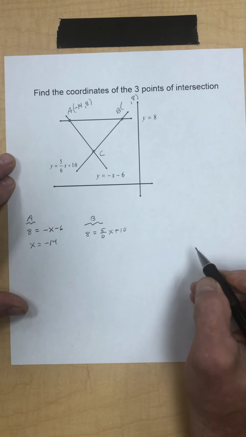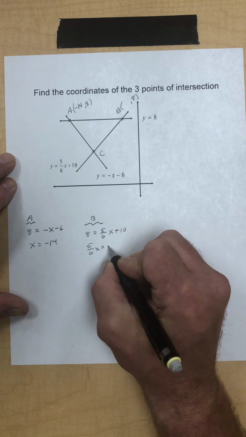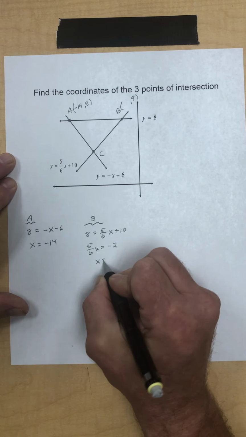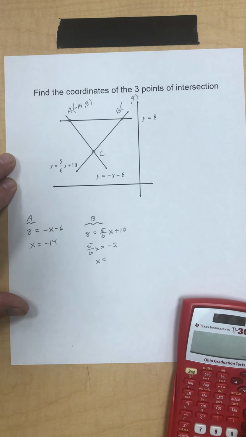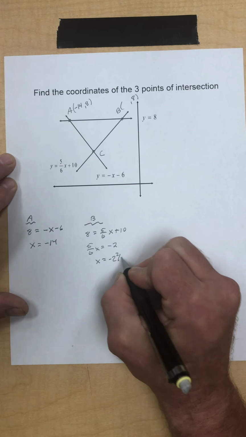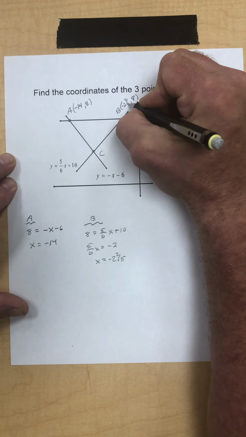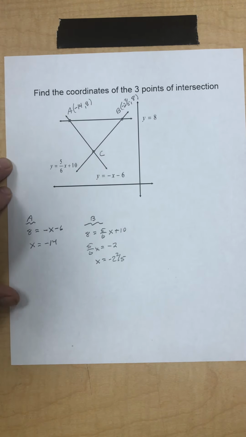Subtract 10 from both sides, so I get 5/6 x equals negative 2, and then go ahead and do my division. Negative 2 divided by 5/6, and I get negative 2 2/5. So this one is negative 2 2/5. And it's nice when that happens. It doesn't happen all the time.